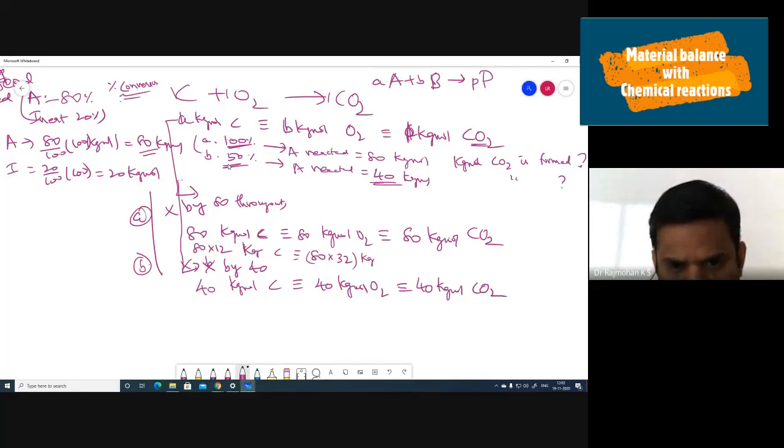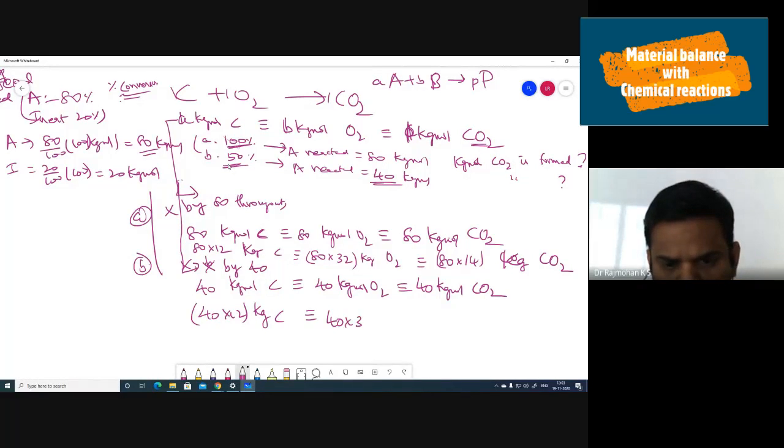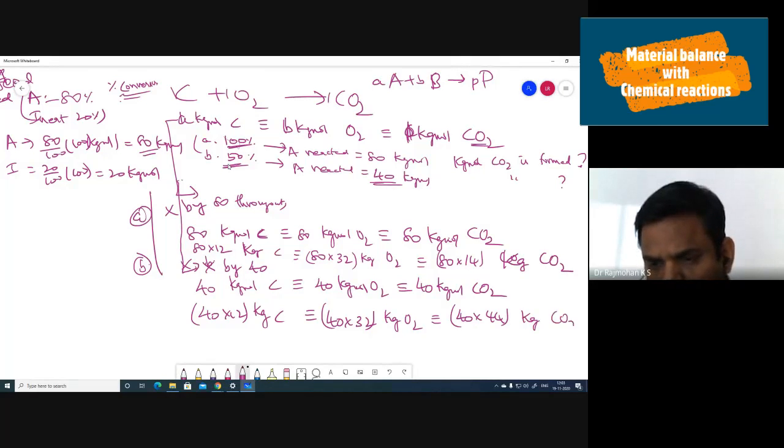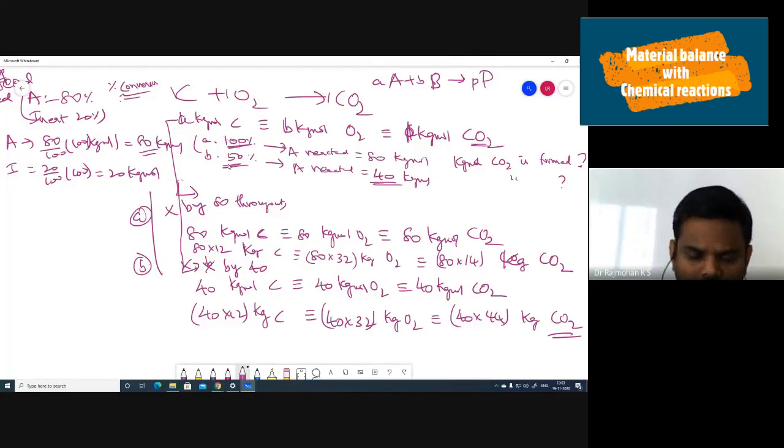So we get kg of carbon, this much kg of oxygen, equal to 80 into 44 kg of CO2 formed, 44 being kg per kg mole. Here also the same: 40 into 12 kg of carbon reacts with 40 into 32 kg of oxygen, and 40 into 44 kg of CO2 will be formed. So this is one way this can be done if the data is directly given.